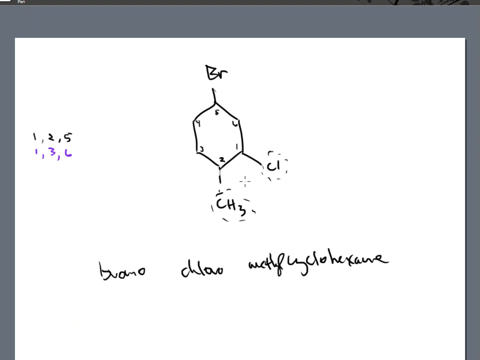But for this particular case, we have a methyl group that is spot 1. Chloro could be spot 2. 3 and 4 would be my bromo. And here I have a 1, a 2, and a 4. This numbering system beats out that numbering system because 4 is a lower number than a 5.